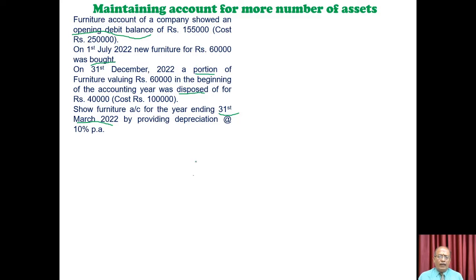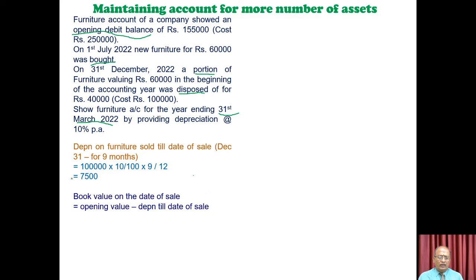Now, the depreciation for the furniture sold till the date of sale, that is for 9 months. So it is December 31. From April to December it will be for 9 months. That is 10% for 9 months will be 7,500.